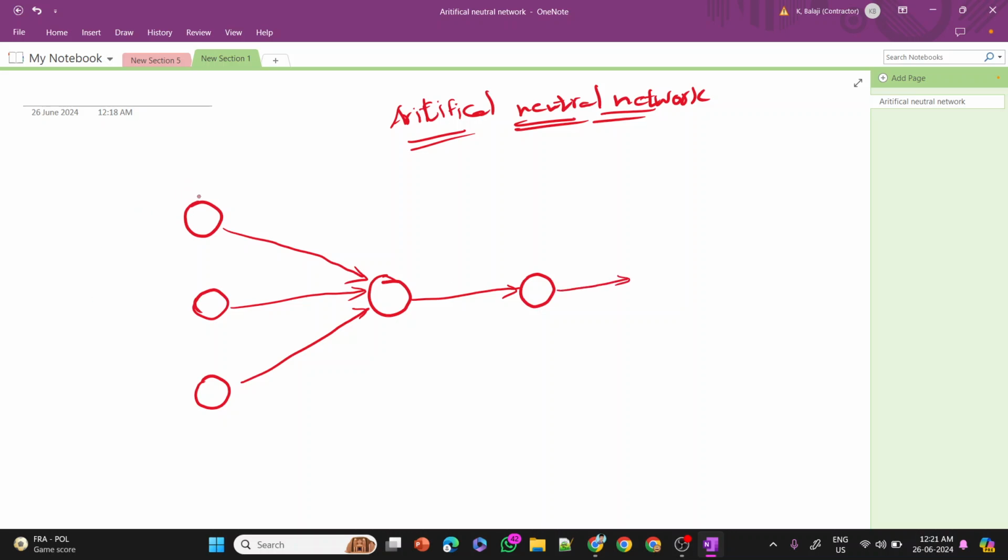This first layer is called input layer, this middle layer is called hidden layer, and the final layer is called output layer.